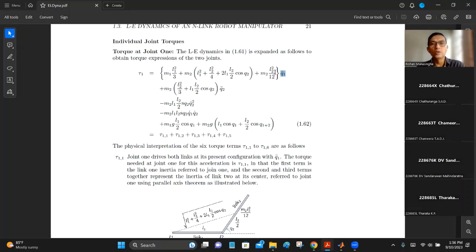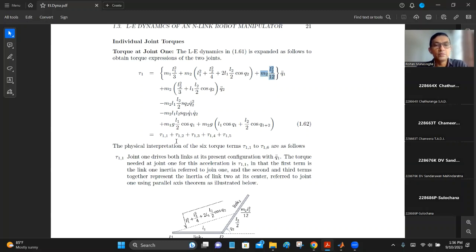Now we know this is the inertia of the link itself, but you cannot simply multiply it with the angular acceleration because this link is not directly connected to joint 1. It's far away. Then you need to do the parallel axis transfer of that inertia as it is seen by joint 1.